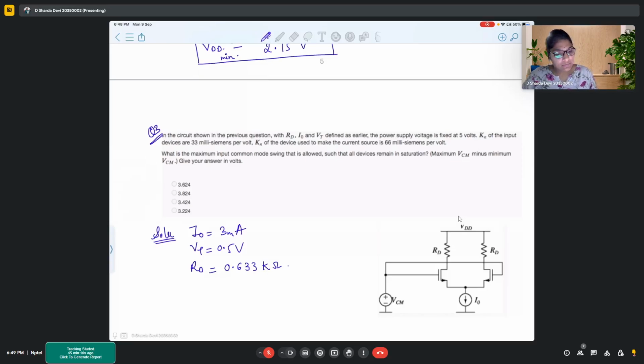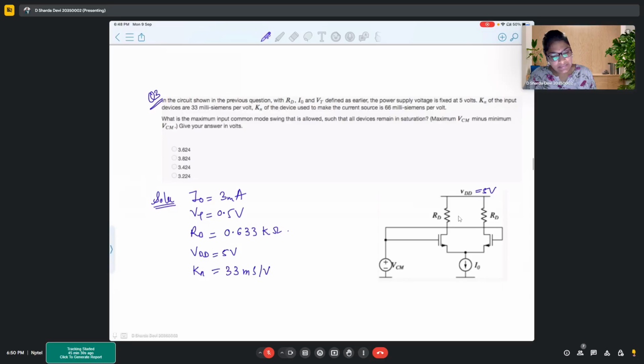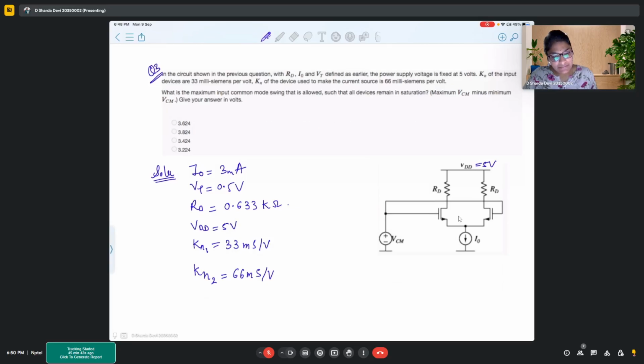The power supply voltage has been fixed to 5 volts. The gain of the input device is 33 millisiemens per volt, and the gain of the device used to make the current source is 66 millisiemens per volt. So what is the maximum input common mode swing that is allowed such that all the devices remain in saturation?